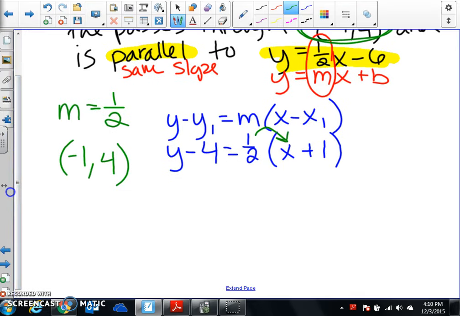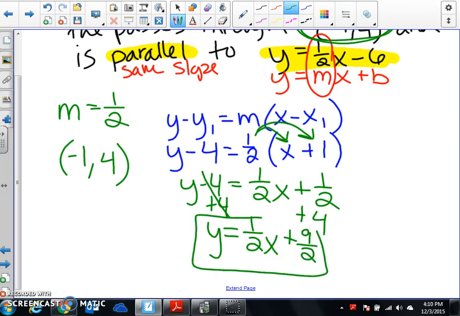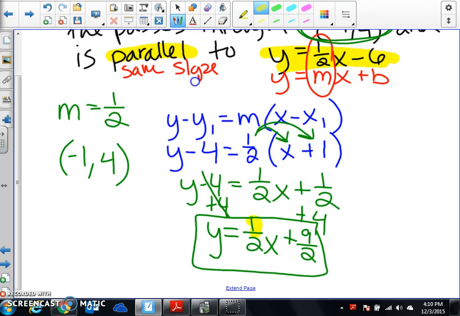So I need to distribute. 1/2 times 1 is positive 1/2. And then I add 4. So y equals 1/2 x plus 9/2. Now it's in slope-intercept form. And sure enough, remember, it's supposed to be parallel, same slopes. My slope is the same as up here as before. Okay, that's my new line.